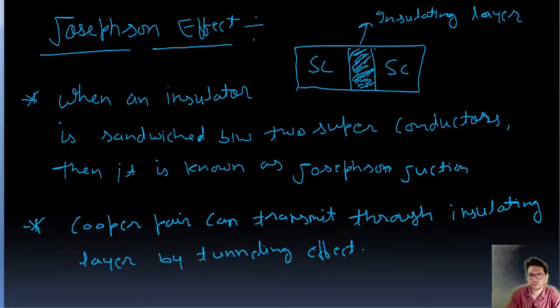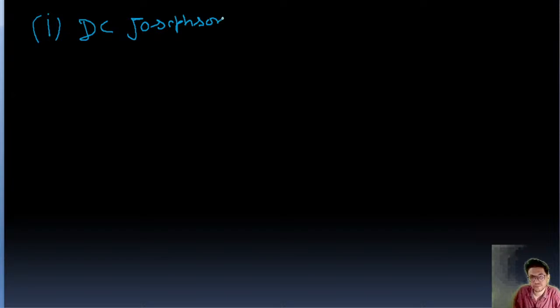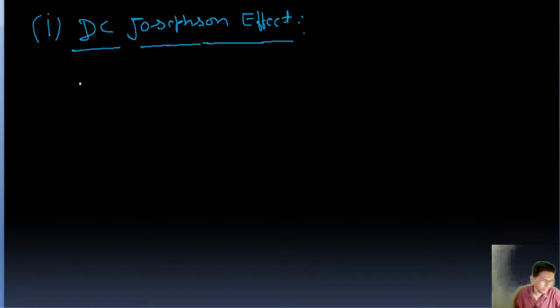Now there are two types of effects. The first effect is in two parts. First is the DC Josephson effect, that is direct current. In that case, what will happen? The first point is no external source.